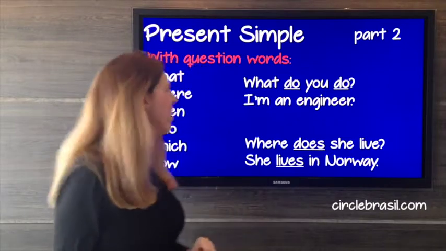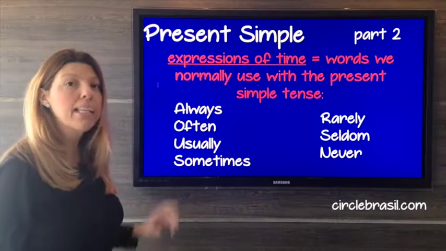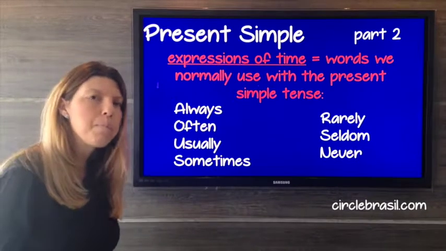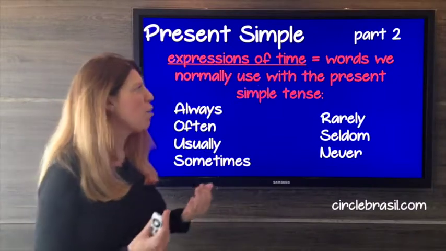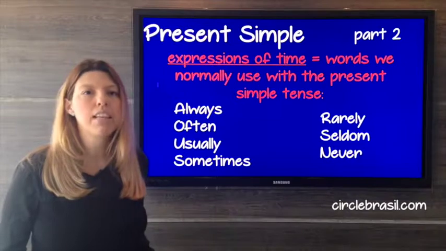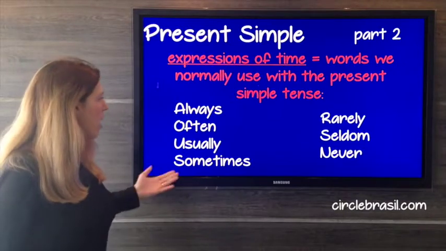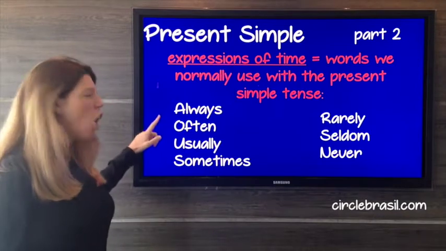Very good, all right? Moving on, we have here expressions of time. What does it mean? Expressions of time are words that we normally use with the present simple tense. So here we have a few examples. Repeat after me, all right?